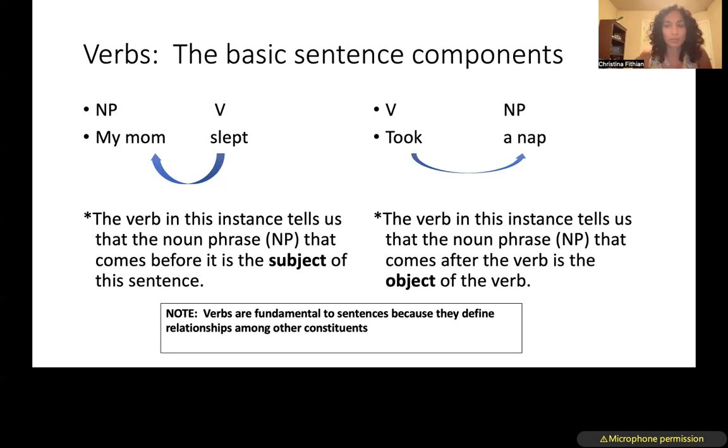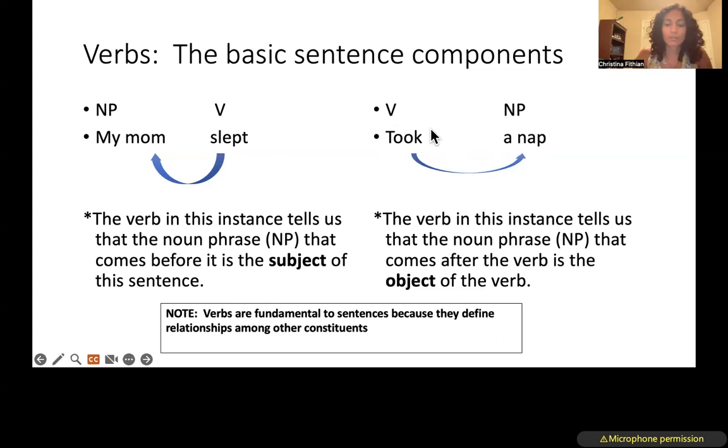Well, I'm going to look, in this case, to the left, and I see that I have my mom slept. So the verb in this instance tells us that the noun phrase that comes before it is the subject of the sentence. So right away I can say, okay, well, I don't have anything following this verb, and there's only a couple of types of verbs that can just end a sentence like that. And we'll see which type that is in a moment.